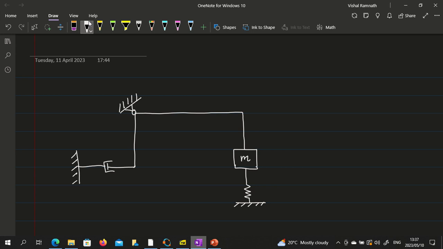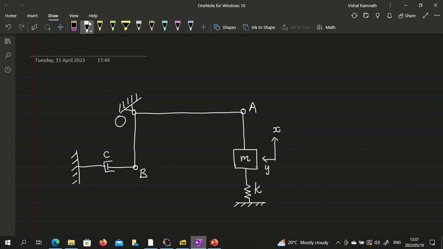which can rotate. There is a spring constant, there is a damping constant, there is a point B, there is a point A, there is a pivot, and we are given that the mass is displaced distance x in an upwards direction. So for convenience, I am going to put the y-axis in the opposite direction.